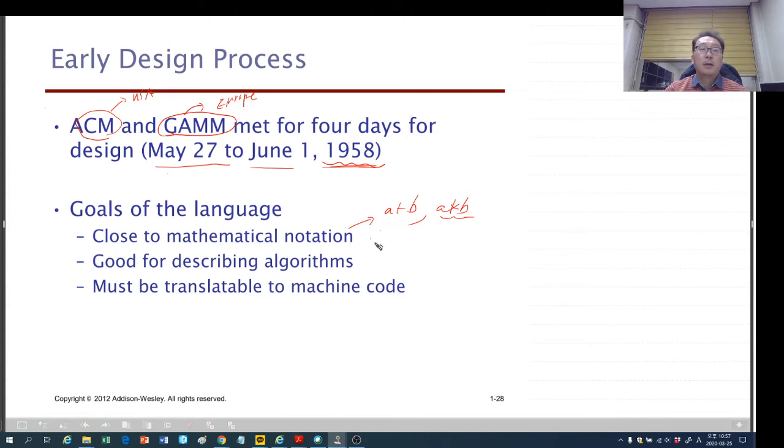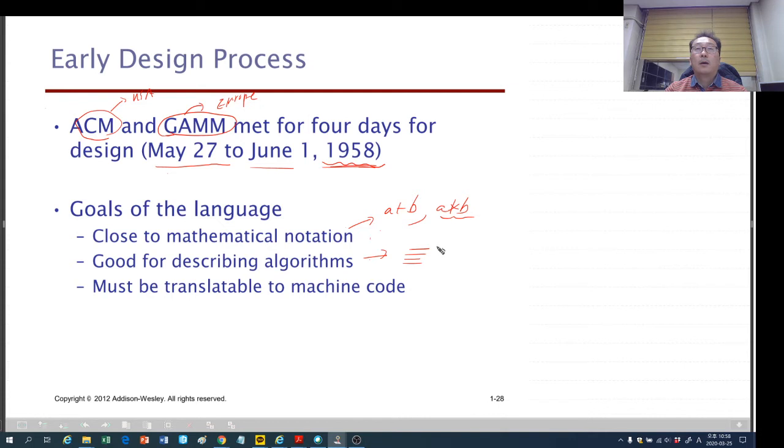The second goal of the language is that it should be possible to use the language for description of algorithms in printed publications, because many researchers describe algorithms in papers.